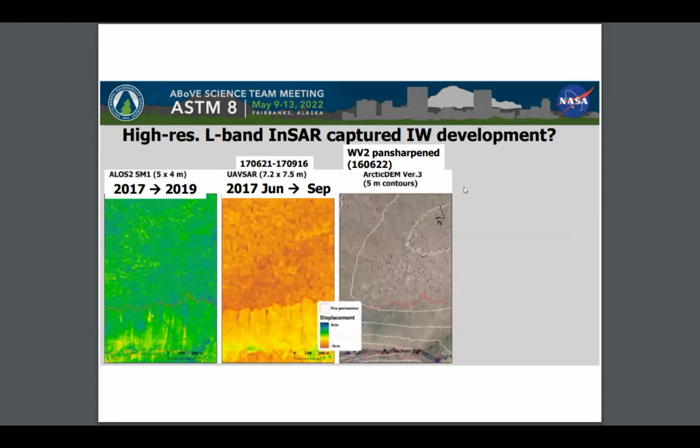This is an example of InSAR analysis with the finest spatial resolution, an example of a degrading hill in the Anactic River fire. I was so excited looking at this kind of spatial pattern because it was closely related to the spatial pattern of the ice-wedge polygon network.